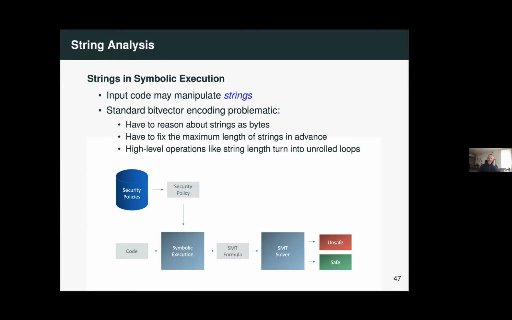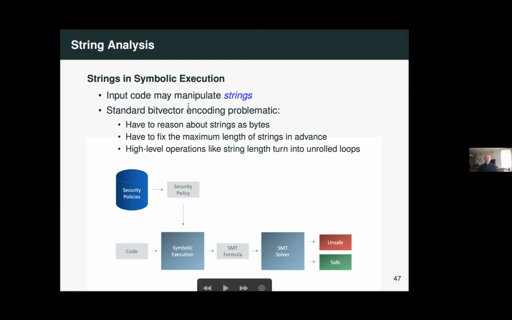And what we were interested in initially in this project is there are a lot of times you have to reason about string manipulation, because a lot of these security attacks involve doing tricky things with strings that are passed in through the input.